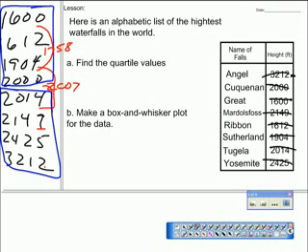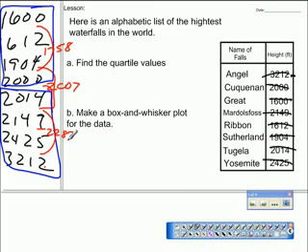That's the first quartile. If we look at the second half of numbers, we're going to use 2149 and 2425. I add those two together and divide by 2 to get the average, 2287. All right, those are the 3 numbers.